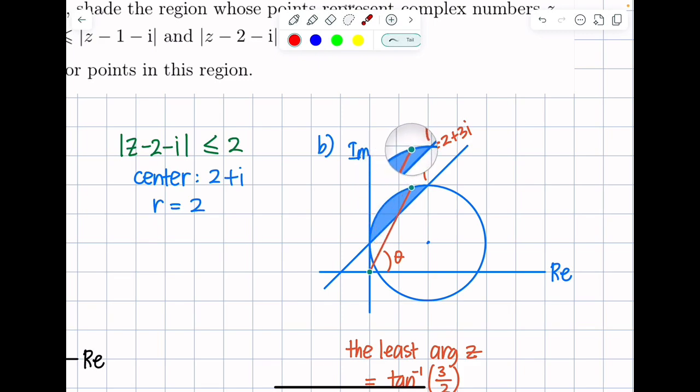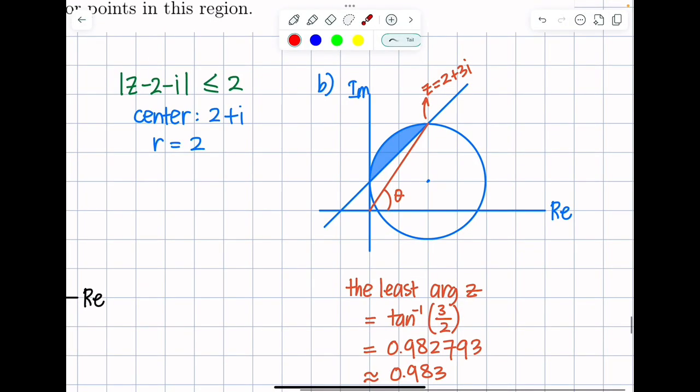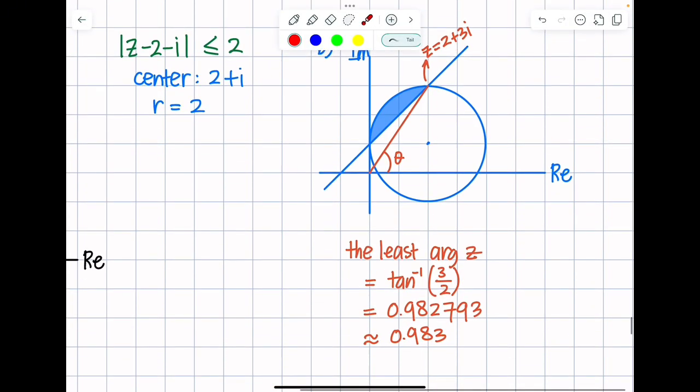The least value of argument is right at the intersection of the two loci. So this point is 2 plus 3i. Therefore, the least argument z is tan inverse 3 over 2. This is 3 and this is 2. And then we get 0.983. In general, the argument of a complex number is in radians.